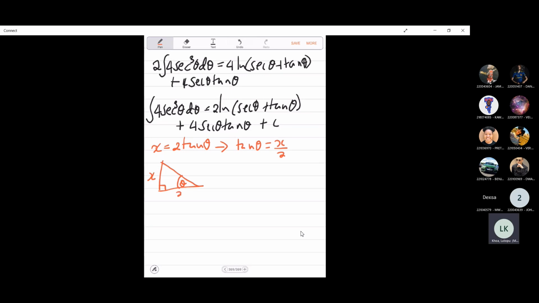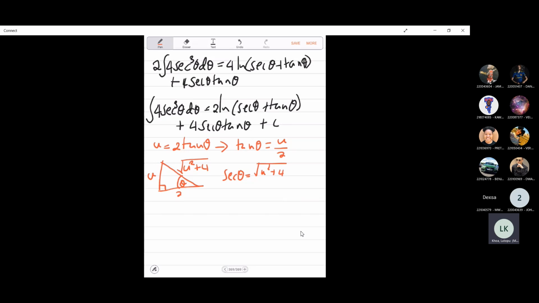And this is not x, sorry, it's u. So this is the square root of u squared plus 4. And this means that sec theta is equal to the square root of u squared plus 4, over 2.